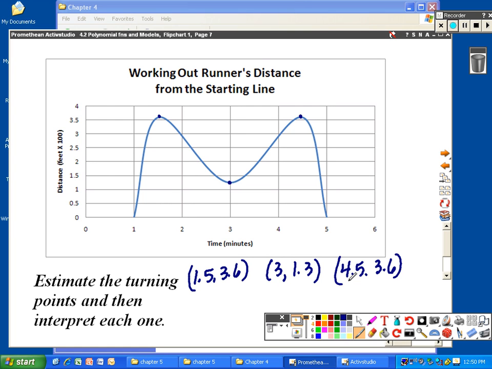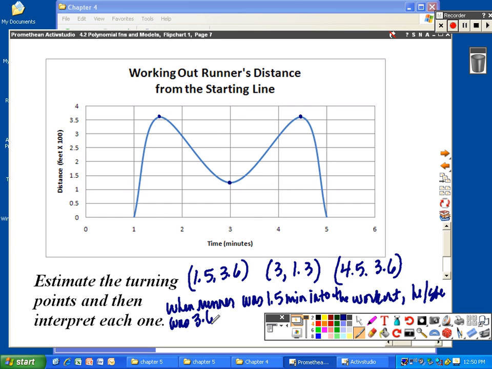So when the runner was 1.5 minutes into the workout, he or she was 3.6 times 100, so 360 meters.